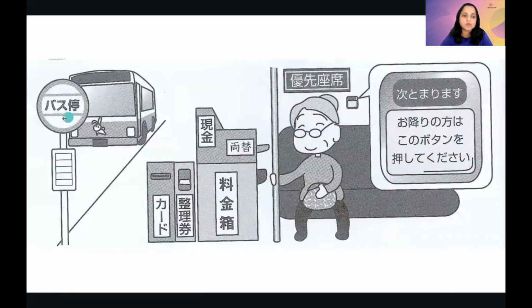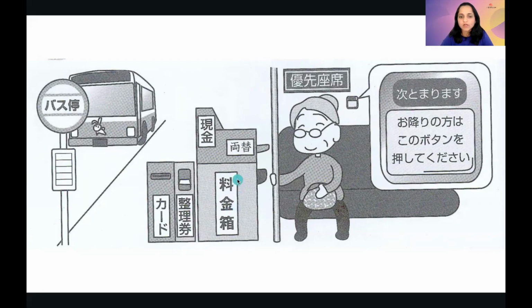Now let's read these words. Basute, bus stop is basute. Then genkin. Genkin. This one, remember this kanji with two pans, the weighing balance, ryo, ryogai. Then this one was seriken, number ticket, seriken.